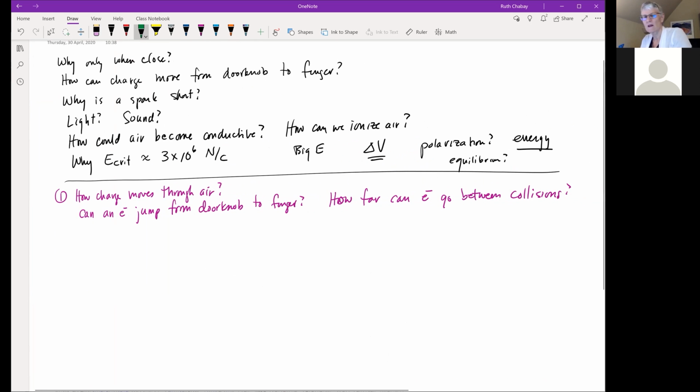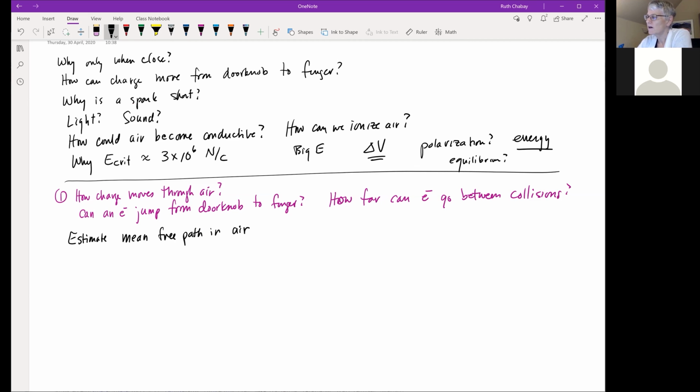So let's try to estimate the mean free path in air. And this is a very rough estimate, okay? So here's the idea.